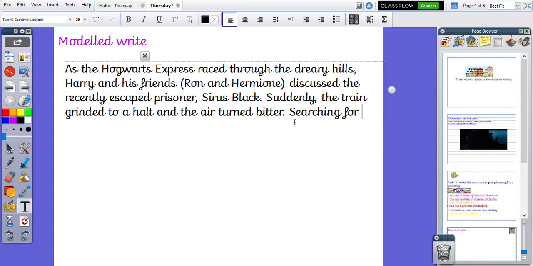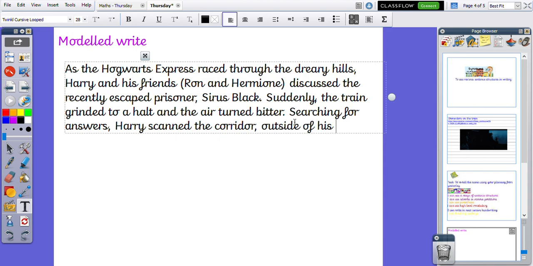Searching for answers, fronted adverbial or a subordinate clause, Harry scanned the corridor outside of his cabin.